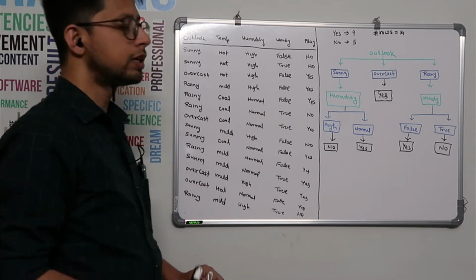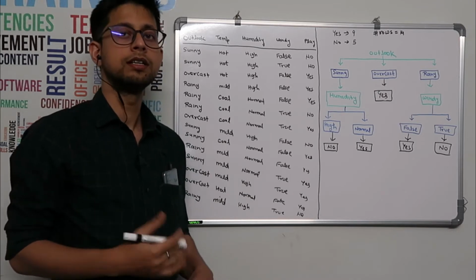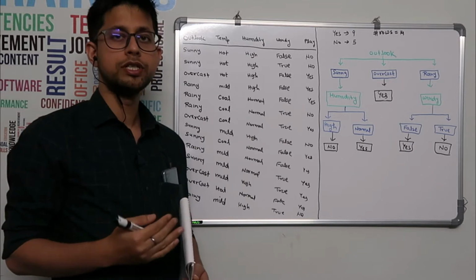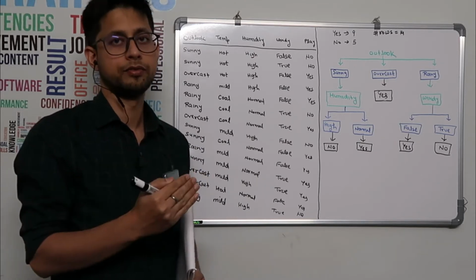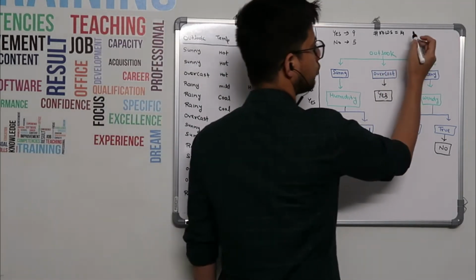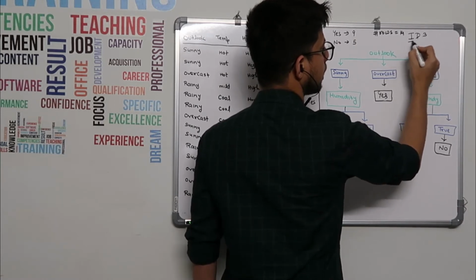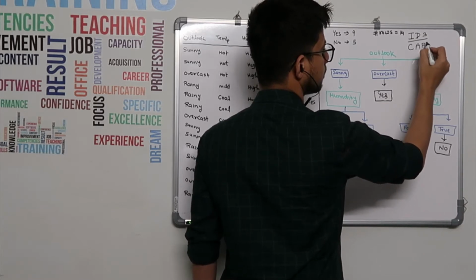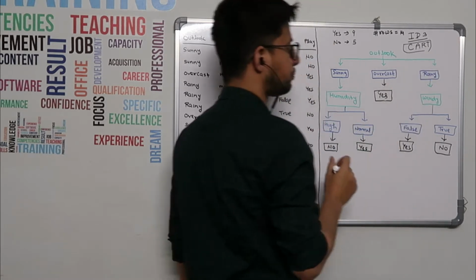First of all, let's understand what a decision tree is and how it helps in classification. A decision tree is an algorithm which can be used for both classification as well as regression. There are two main algorithms under decision tree we study: one is the ID3 algorithm and another is CART, classification and regression tree.